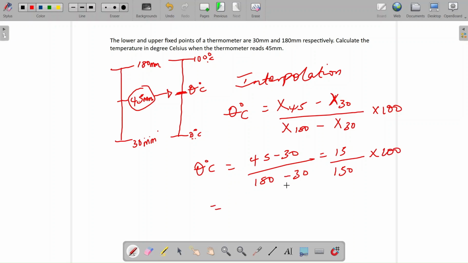That is 1500, so 1500 divided by 150 means it will be 10 degrees Celsius. That is how to interpolate.